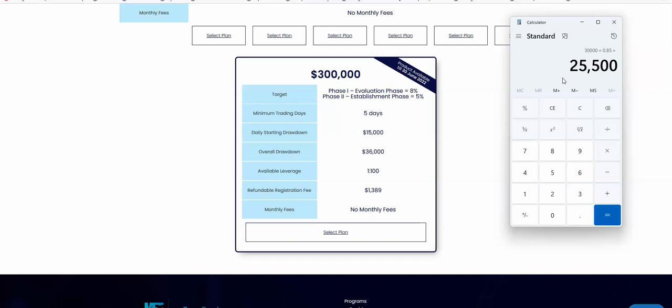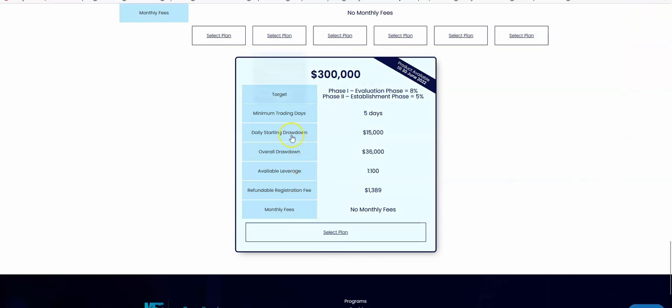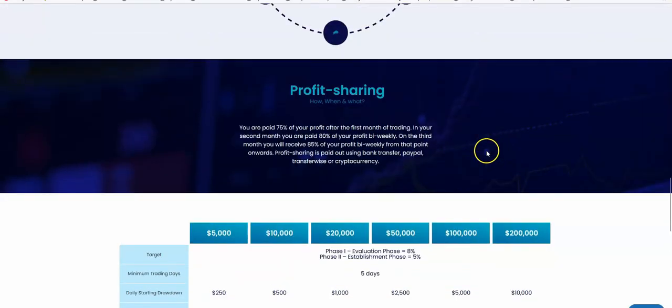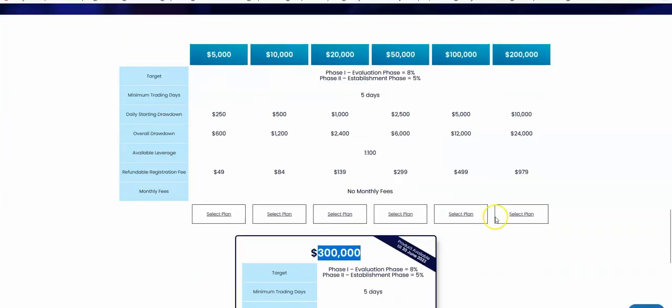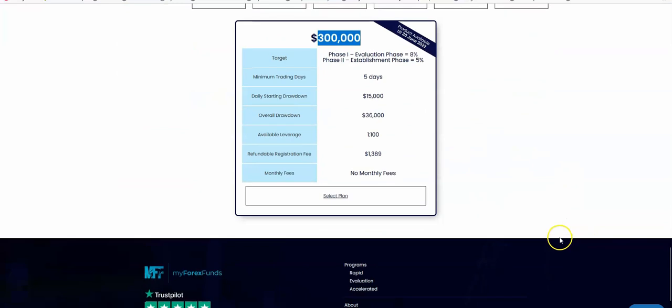Only 10% you are targeting every month, and it's achievable. You see why some guys go crazy with this? I think I might want to go for this. I'm planning to go for this now, this 300K account. I think that's nice. I really like it.